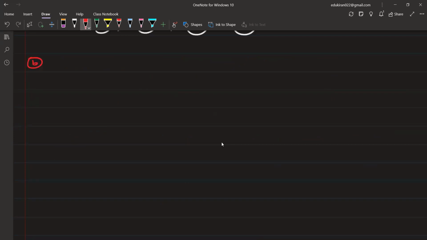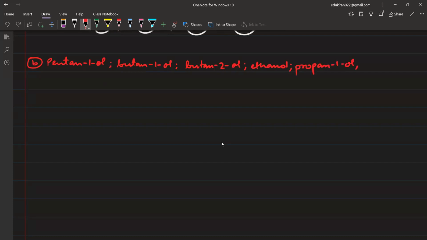Right, here: pentan-1-ol, comma, butan-1-ol, comma, butan-2-ol, then ethanol, then you will write propan-1-ol, and then you will write methanol.